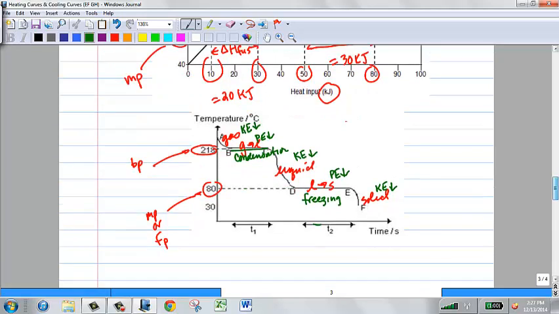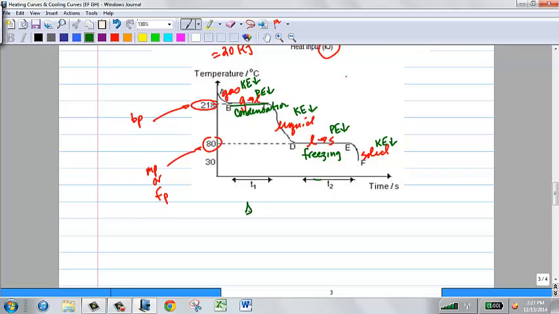On this graph, I can't read the heat of fusion or the heat of vaporization because we're not measuring the energy removed from the substance directly. We're assuming that energy is being removed from the substance at a constant rate. And so by measuring time, we're substituting that for the amount of energy removed.